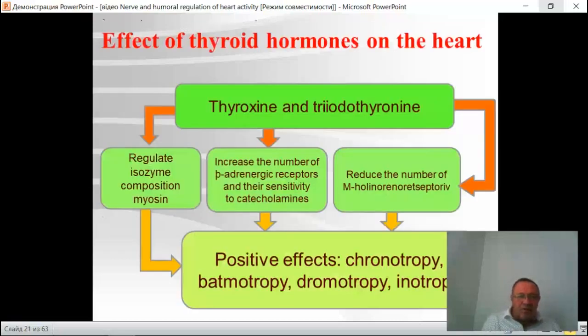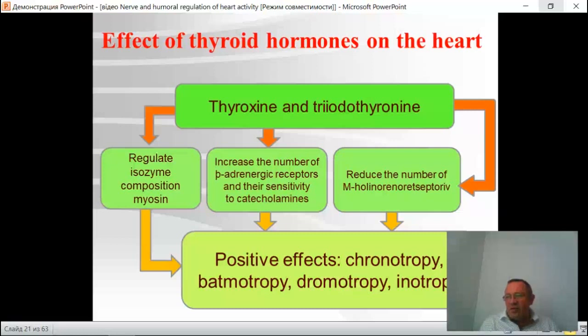Next, information about the effect of thyroid hormones on the heart. Thyroxine and triiodothyronine are hormones from the thyroid gland. They have effects on heart activity. This effect is the same as the effect of catecholamines, because these hormones regulate the isozyme composition of myosin.